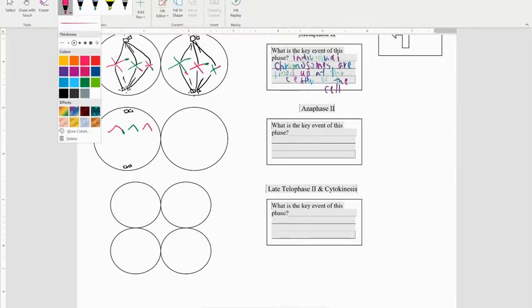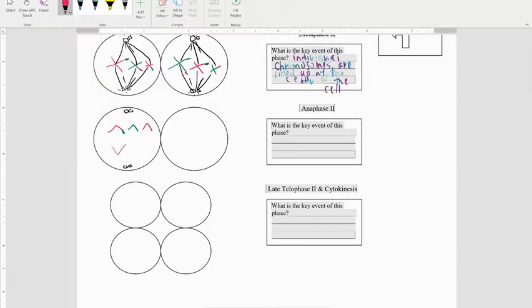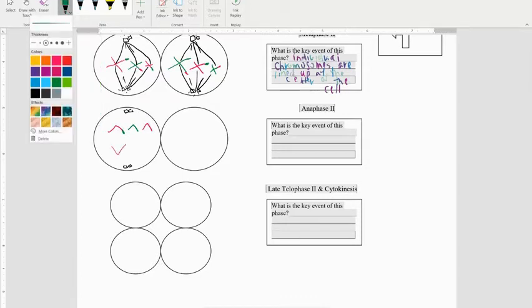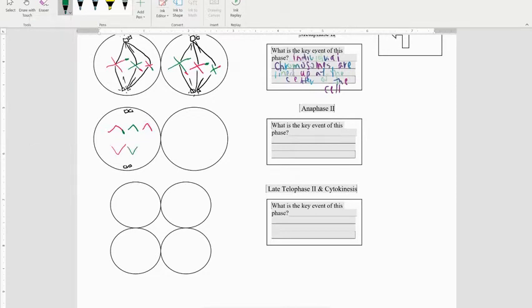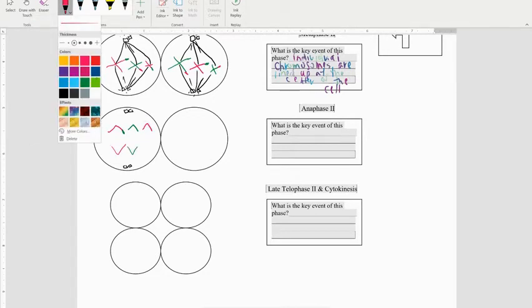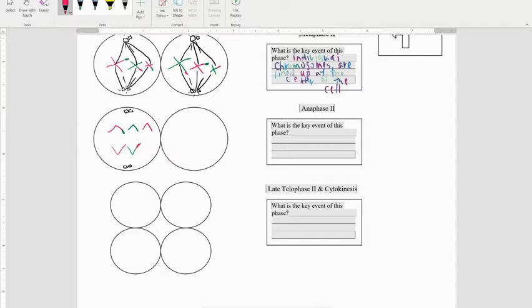On this one, the pink half just looks like that. On the next one, it's green with a little bit of pink on one side of it. And then this one is pink with a little bit of green on that side.